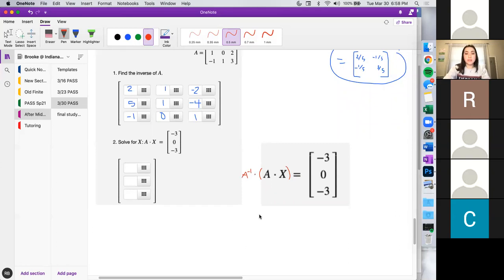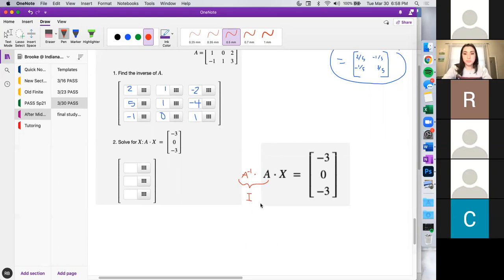Because now, it's all multiplication, so there's no distribution or anything. I just have a inverse times a times x. I know that this is going to equal 1, or the identity matrix.